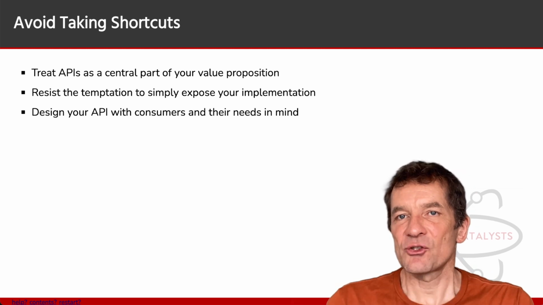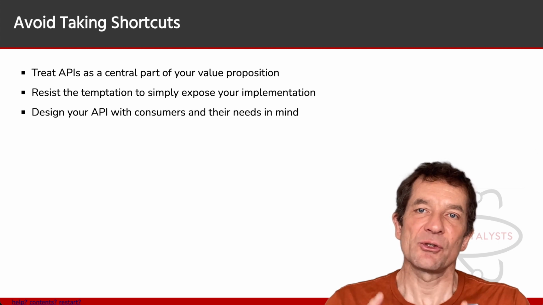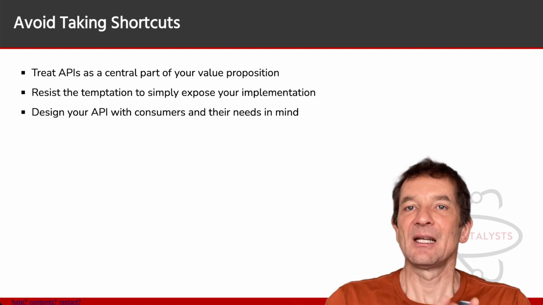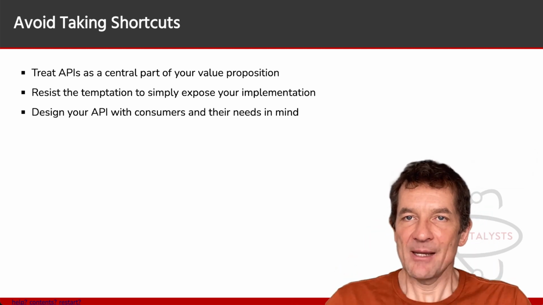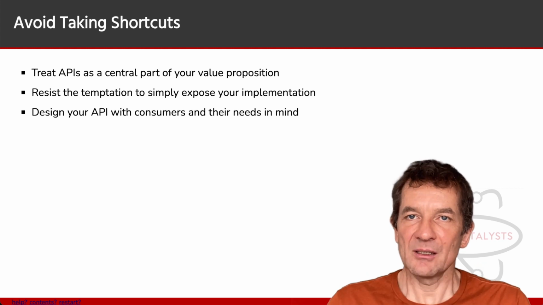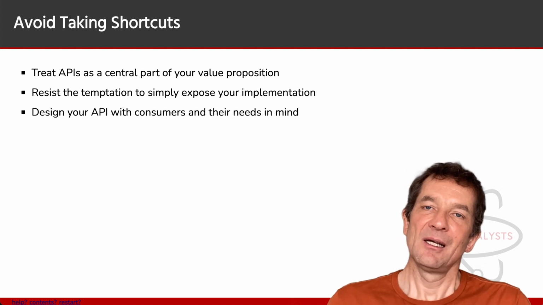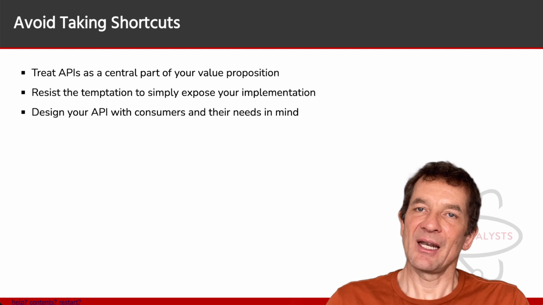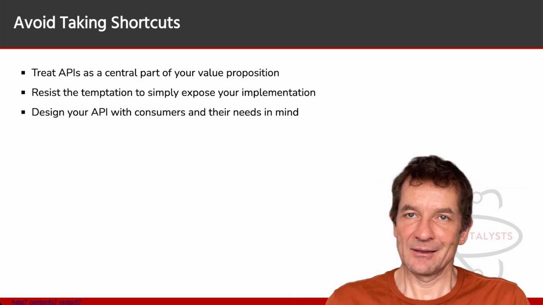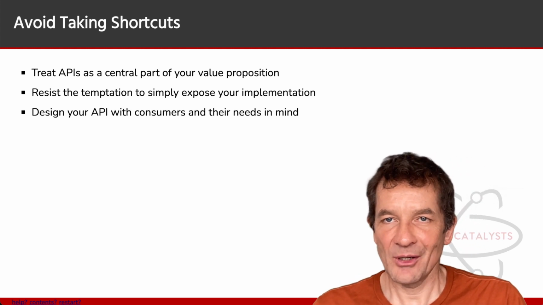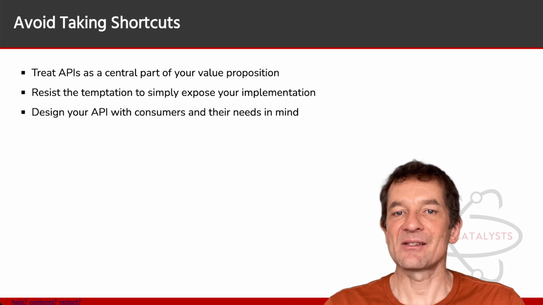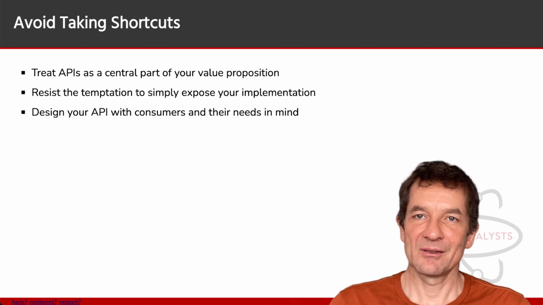So don't take the shortcut, and make sure that regardless of what you choose, GraphQL or REST, design the API, design it properly, design it from the outside in, and then you will end up with an API that is well designed, regardless of whether it's GraphQL or REST. And I think that's the most important takeaway here.